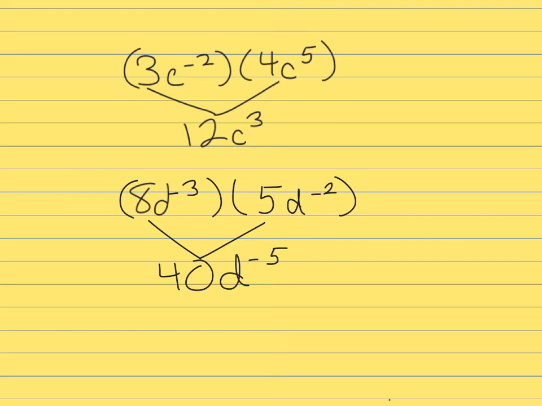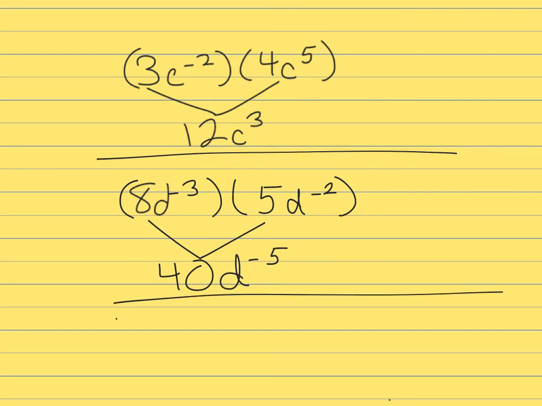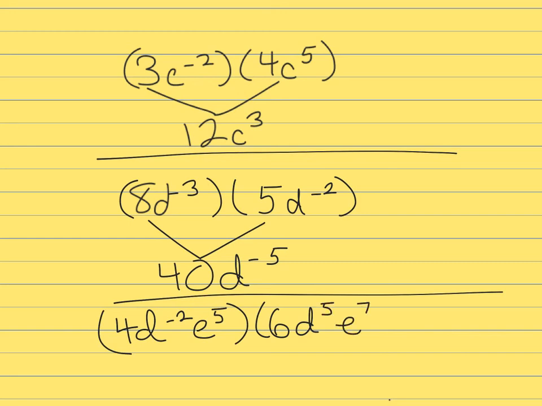And what happens if we have different bases, different variables, within the same problem? So say, for instance, we had 4d to the negative second, e to the fifth, and we were multiplying that by 6d to the fifth, e to the seventh.